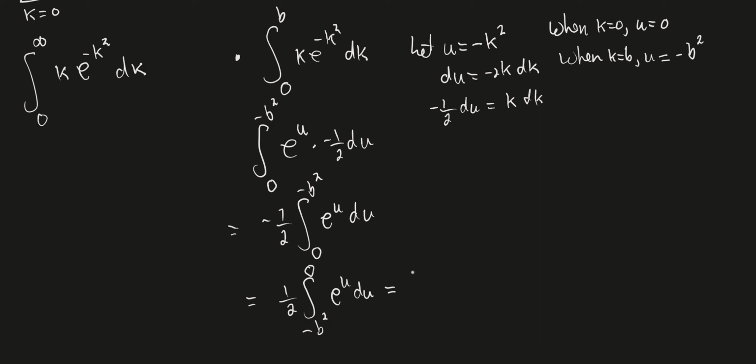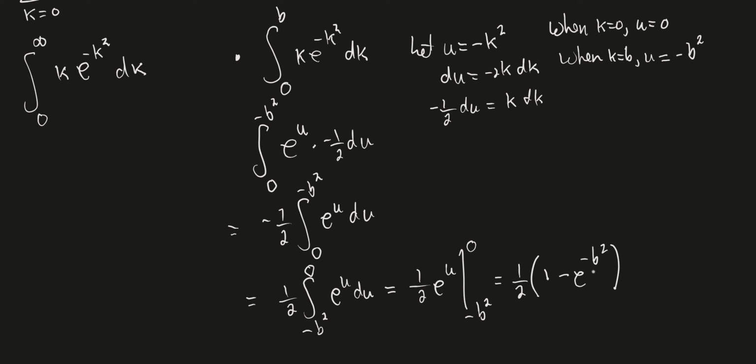So we have 1/2 e to the u, and then our limits now are 0 and negative b squared. So we have our 1/2. At our upper limit, we have e to the 0, which is 1. And then at the lower limit, we'll have e to the negative b squared.